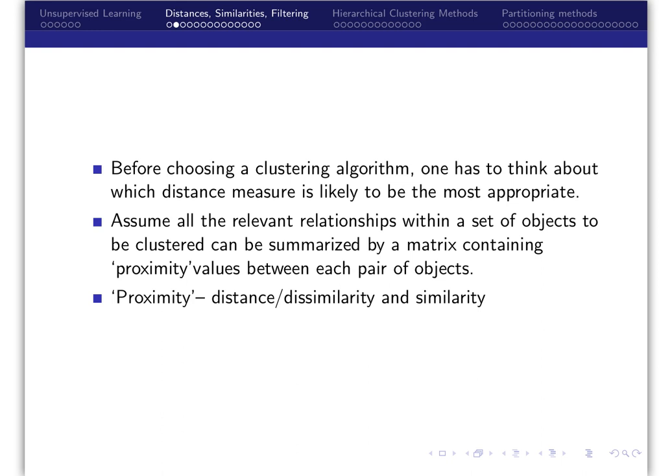Additionally, one must be willing to assume that all relevant relationships within a set of objects to be clustered can be summarized by a matrix consisting of distances or dissimilarities between each pair of objects. Distances, dissimilarities, and similarities will all be referred to as proximities, which are the usual input into a clustering algorithm.